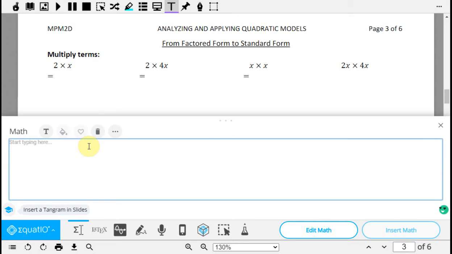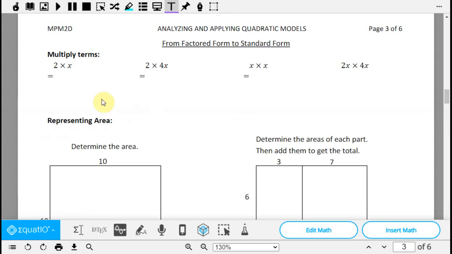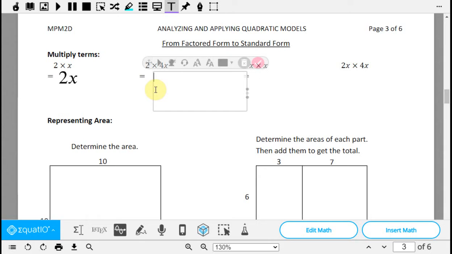Two times x is simply 2x. 2 times 4x is 8x.